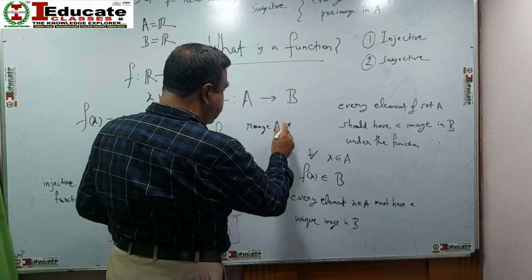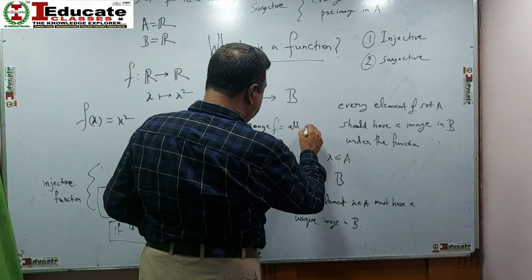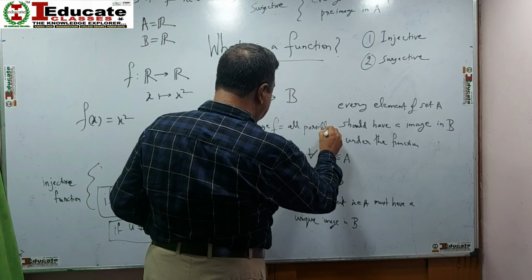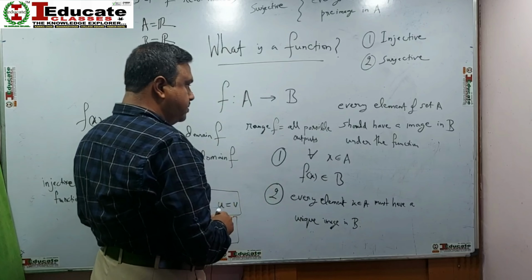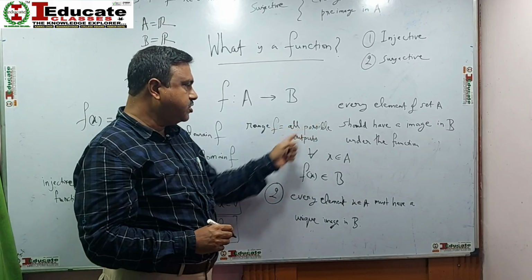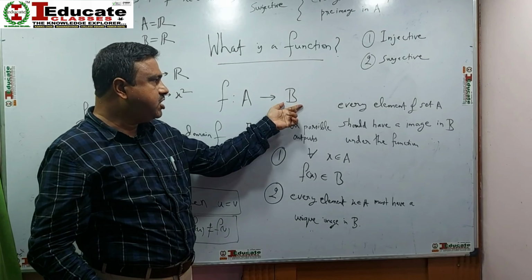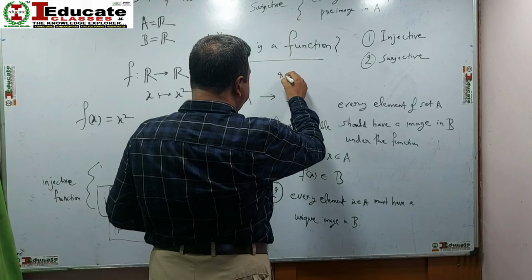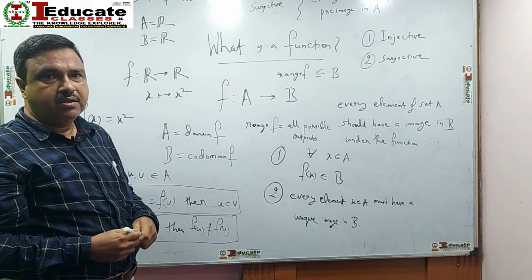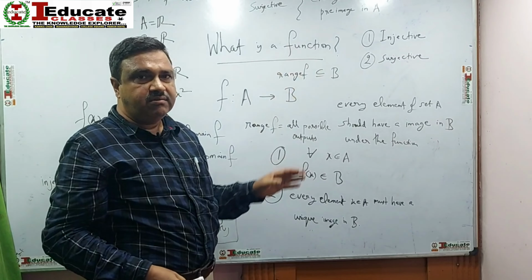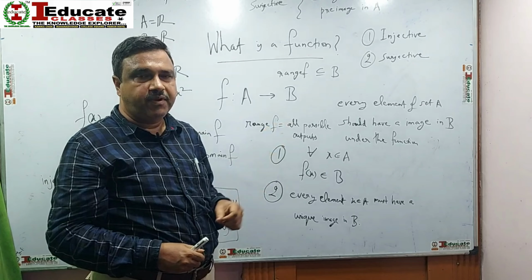The range of a function is the set of all possible outputs. So obviously the range of the function is a subset of codomain set B. But B can be larger than the range of f.